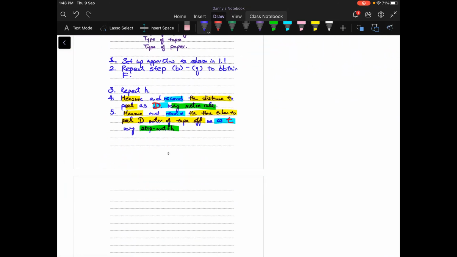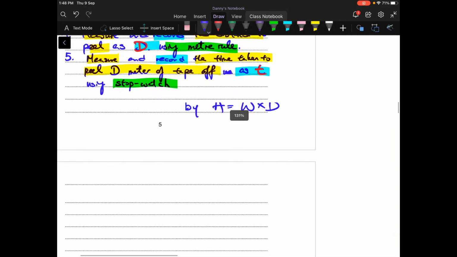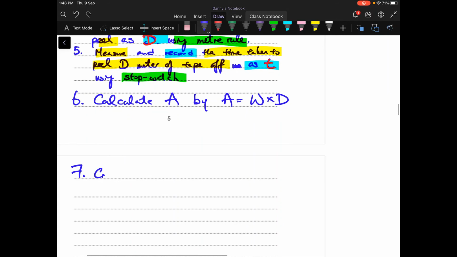So I will need my calculation statement. I will need to say calculate A by A equals to W times D, right? So one action, one step. So my step 7 will be to calculate power by P equals to F times D divided by T.